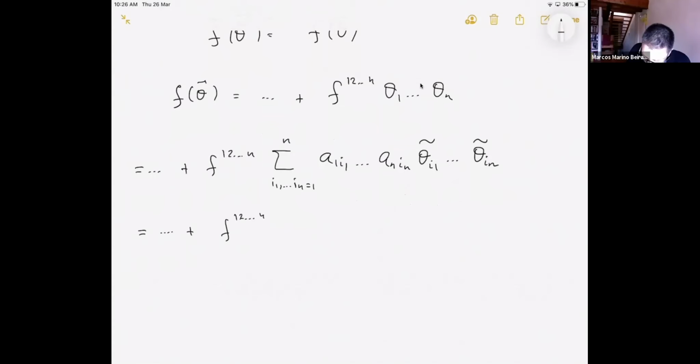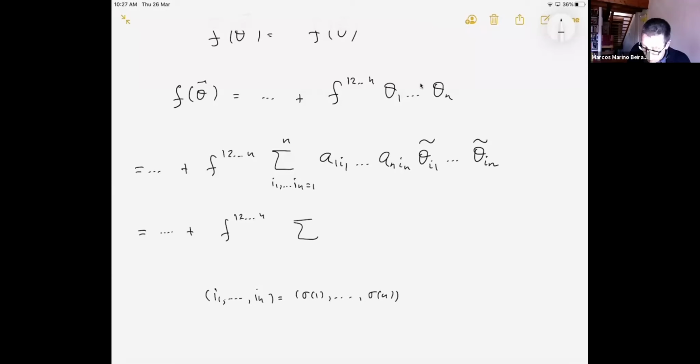Let me write the indexes i1 to in as a permutation sigma of 1 to n. So I associate any of these indexes to a permutation.